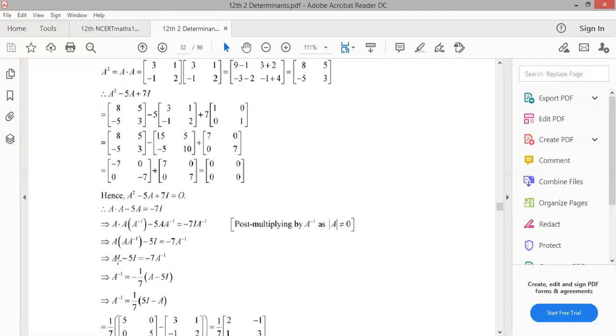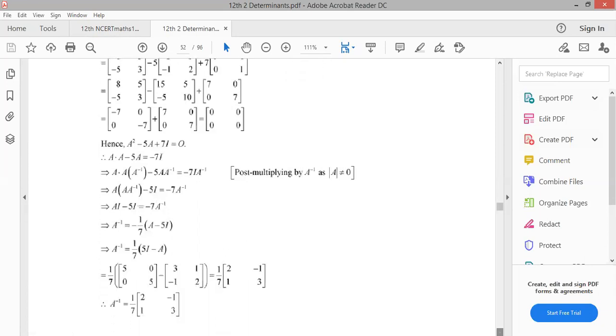So this comes out to be this. A into A inverse, we know this is equal to the identity matrix. Identity matrix into A inverse is equal to 7A inverse. So A inverse is equal to minus 1 divided by 7 into A minus 5I.